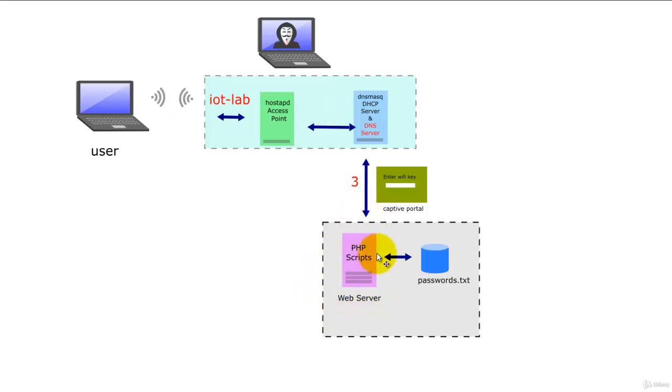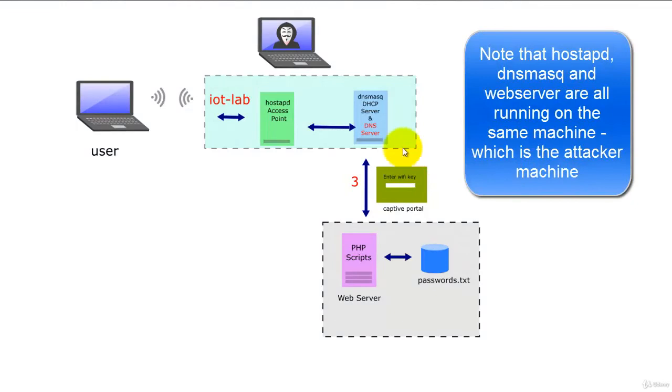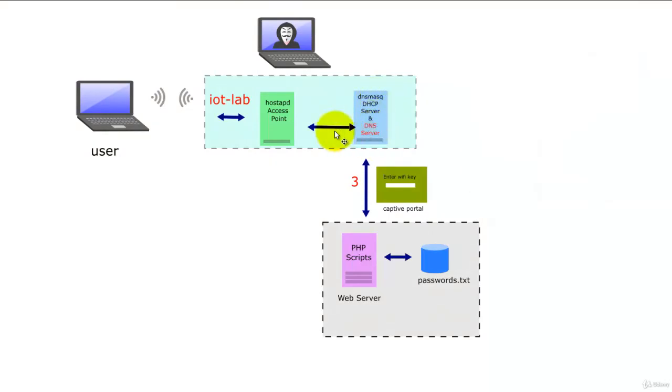And our own web server will now return the web page to prompt the user to enter the Wi-Fi key. So no matter what URL the user requests, the DNS server that is run by dnsmasq will always redirect it to our own web server.